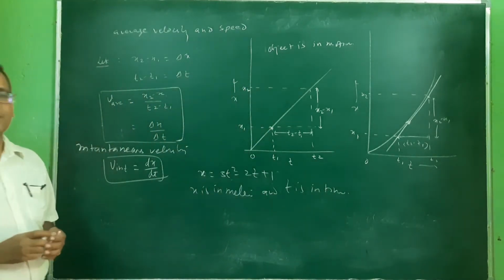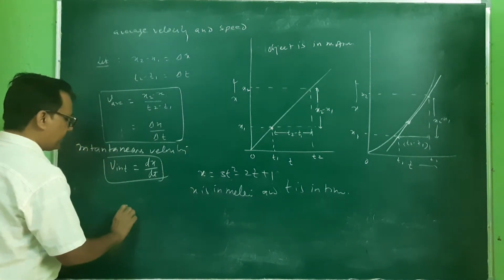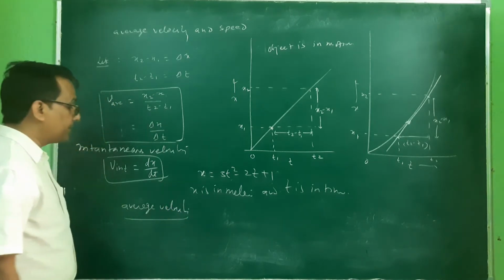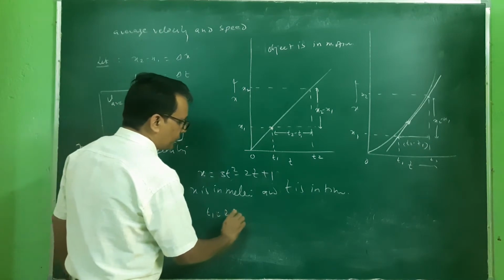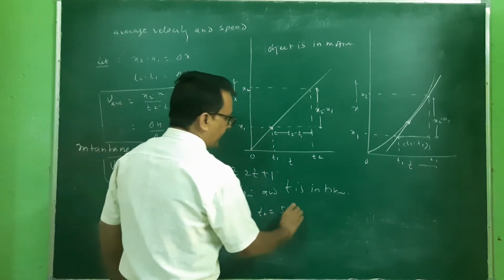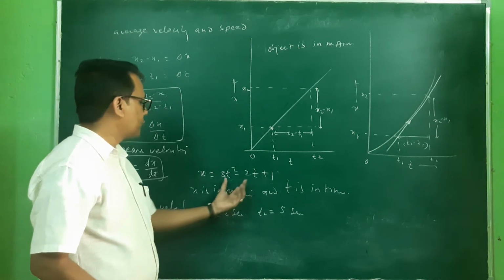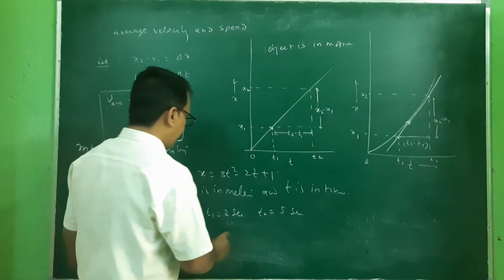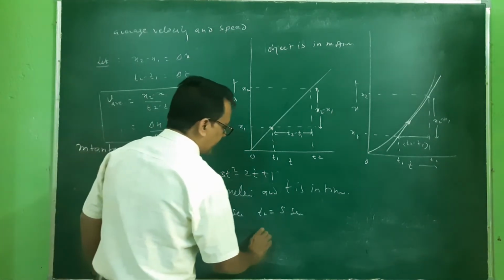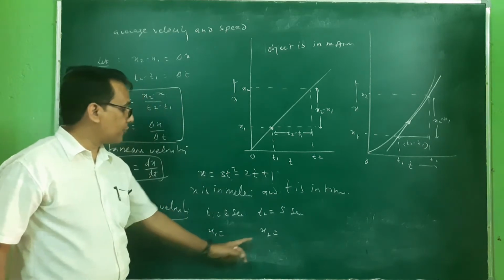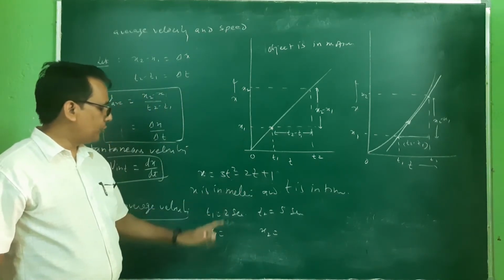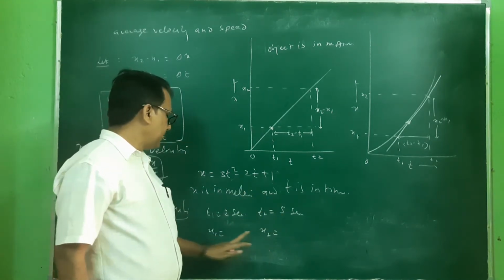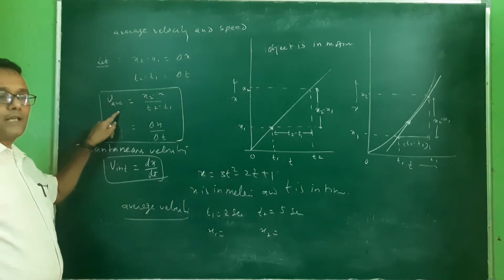If you want to calculate the average velocity, it can be calculated in between two times. Let's say t1 is equal to 2 seconds and t2 is equal to 5 seconds. Then just by putting t1 as 2 seconds and t2 as 5 seconds here, one can calculate x1 and x2, and then by using this formula we can calculate the average velocity.